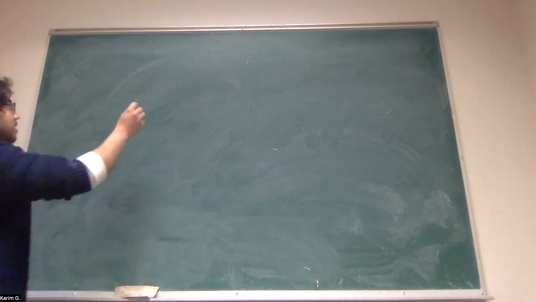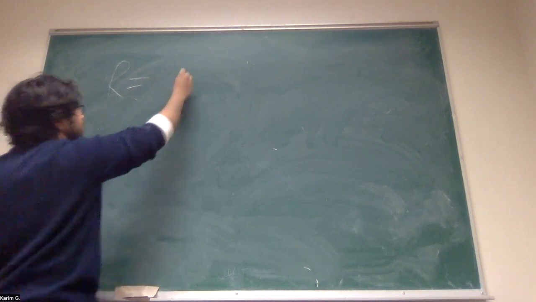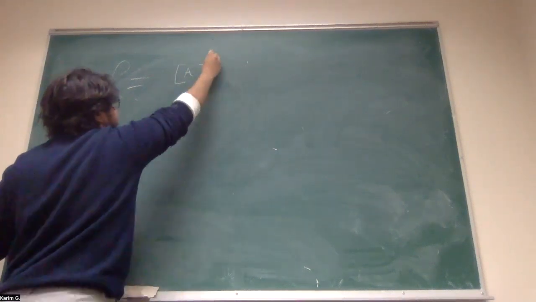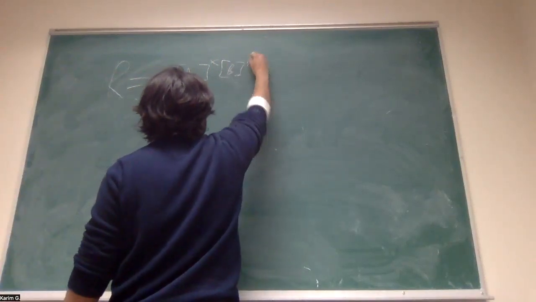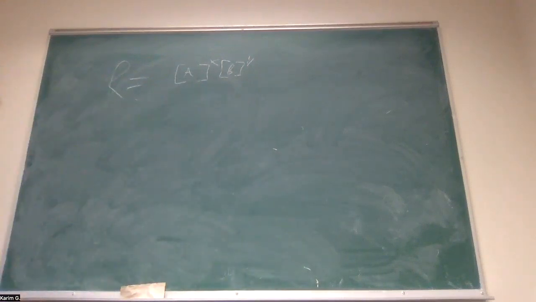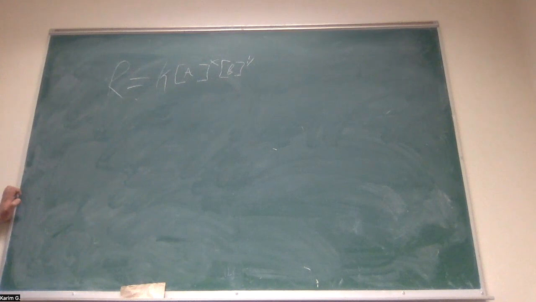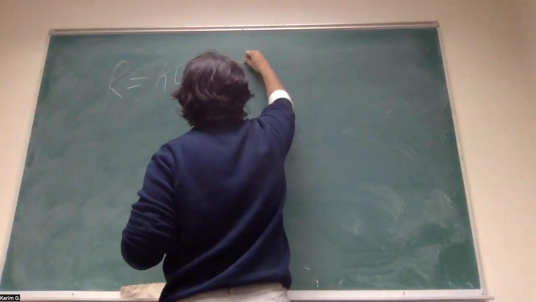Where it's like rate equals k, then A to whatever order it is. And we're just going to treat them as X and Y. I know it looks ugly, my apologies.